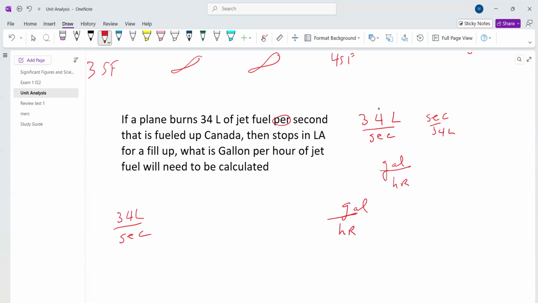Okay, so let's do the time part first. We need to get seconds to hours. Okay, now we're in hours.